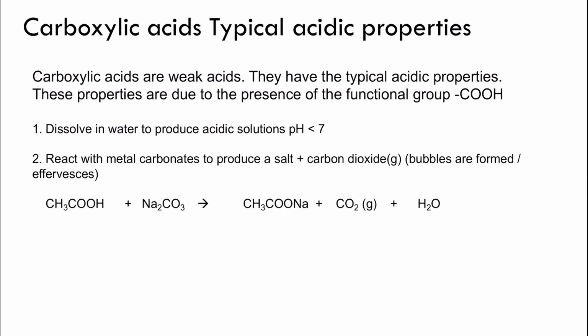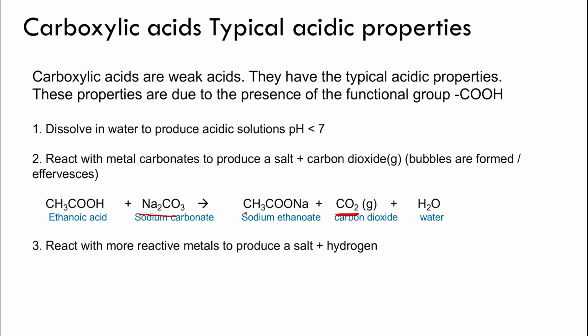For example, ethanoic acid in presence of sodium carbonate will give you sodium ethanoate, carbon dioxide as a gas, and water. They also react with more reactive metals to produce salt and hydrogen, and we know that the reaction has happened because there will be bubbles of hydrogen. So ethanoic acid with sodium will give you sodium ethanoate and hydrogen gas.